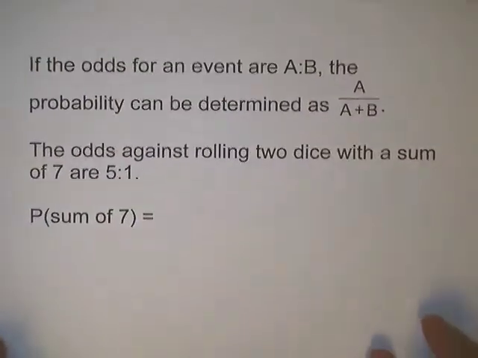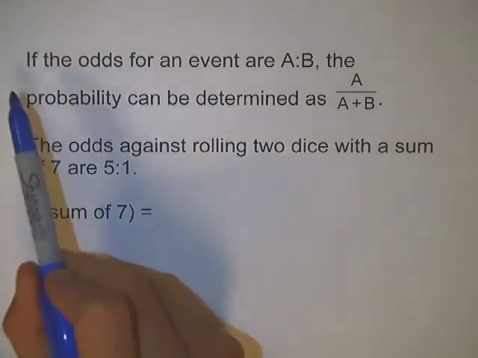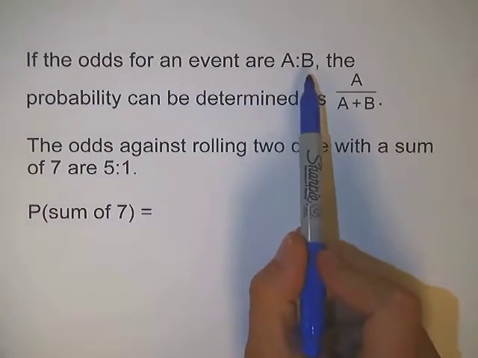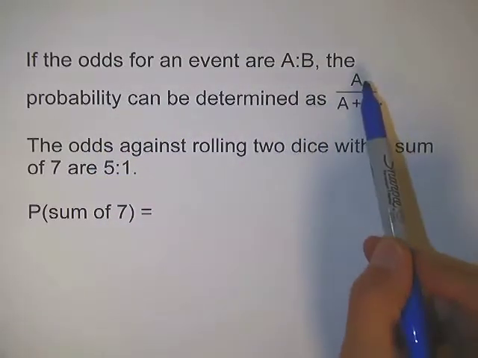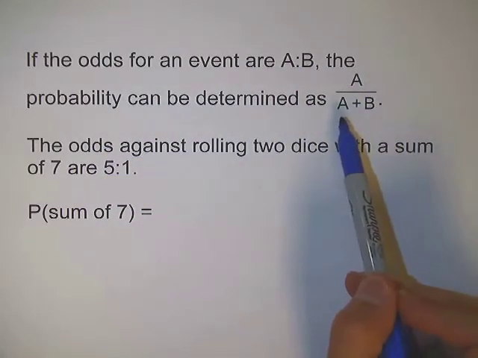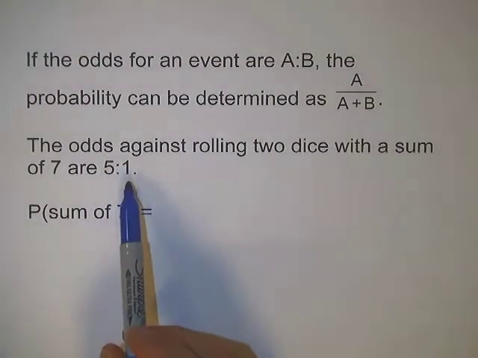Now if we go the opposite way and start with the odds, we want to figure out the probability. If the odds for an event are A to B, the probability can be determined as A over A plus B. Now if we're looking at the odds against rolling two dice with a sum of 7 are 5 to 1.